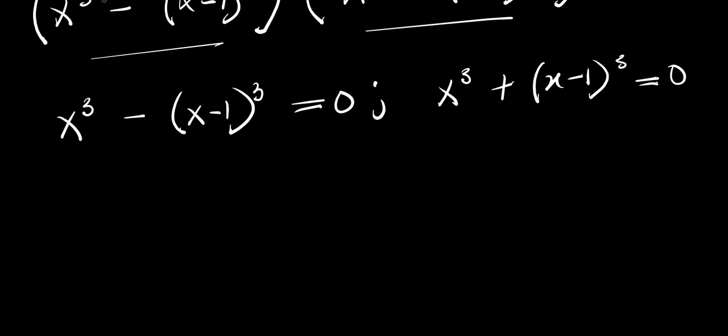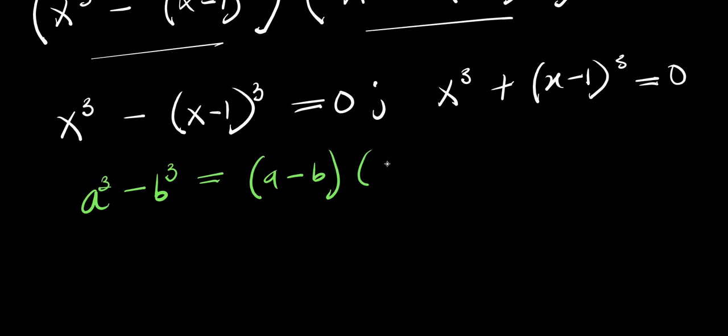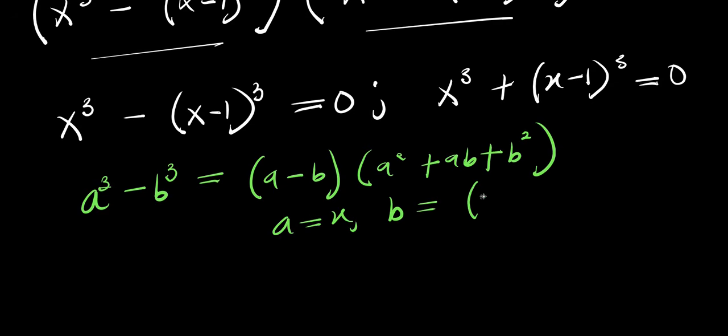Now, if you have a power 3 minus b power 3, this equals (a minus b) times (a squared plus ab plus b power 2). My a is x, and my b is x minus 1. So let's apply it here.